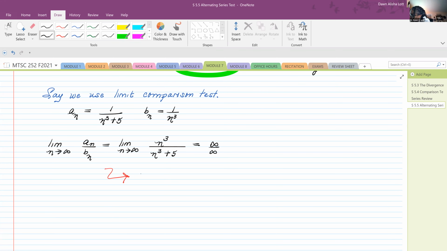And I get the limit as n approaches infinity of 3n squared over 3n squared. But that's just the limit as n approaches infinity of 1, which equals 1. Okay, so by the limit comparison test, they both converge or diverge.